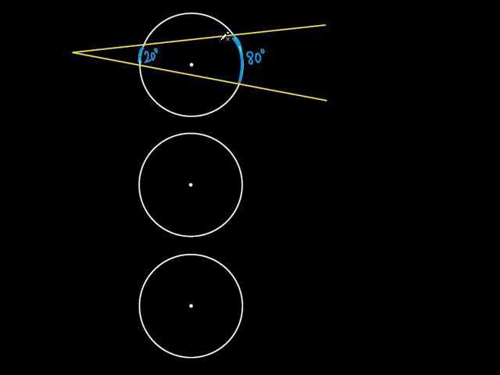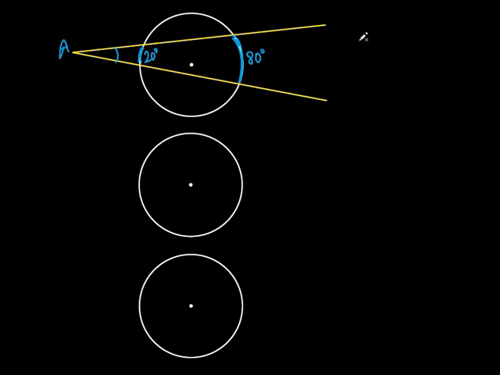So here's the situation. If I know the two arcs that these two secants cut off, now remember, these intersect outside the circle. The other two secants intersected inside the circle. So how did we find it? We found the average. We added them up and divided by 2. This situation is a little different. We're going to find this angle right here. We'll call it angle A. If I want to find angle A, I'm not going to add the two arcs together.